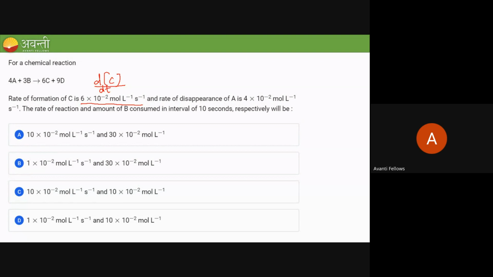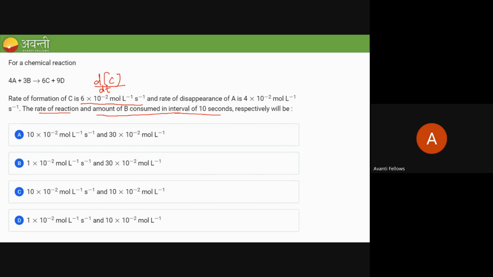And the rate of appearance of A is also given. The rate of reaction and amount of B consumed in interval of 10 seconds respectively will be. So first let us find out the rate of the reaction and then we will find out the amount of B consumed in interval of 10 seconds. Okay, so let me write the rate equation first.